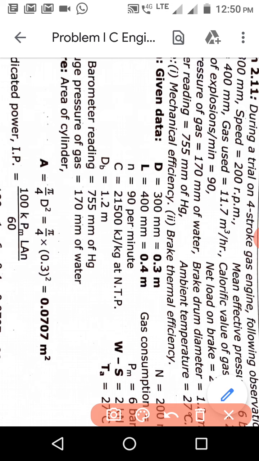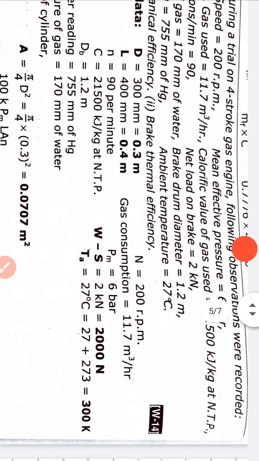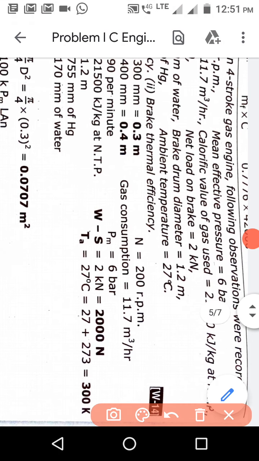Now, first of all we will calculate the mechanical efficiency. For calculating mechanical efficiency, we have to calculate the indicated power. The mean effective pressure is given in bar, because mean effective pressure is required to calculate the indicated power.